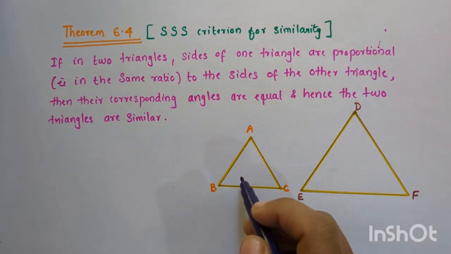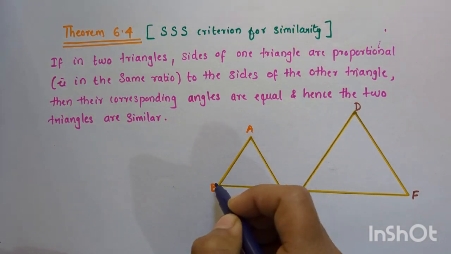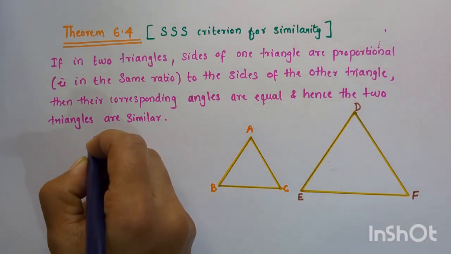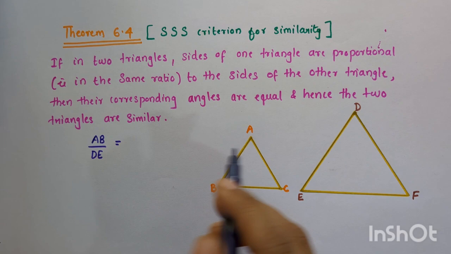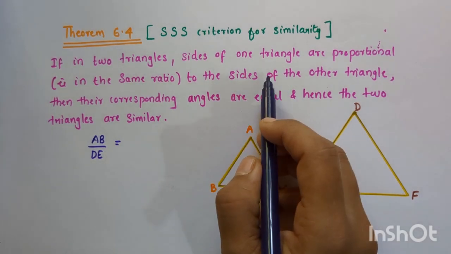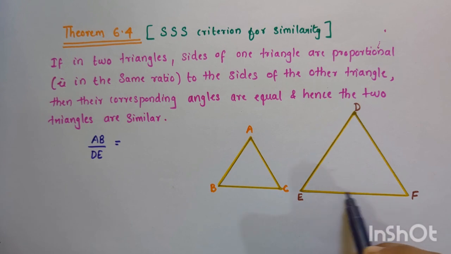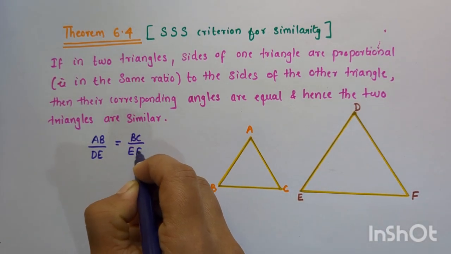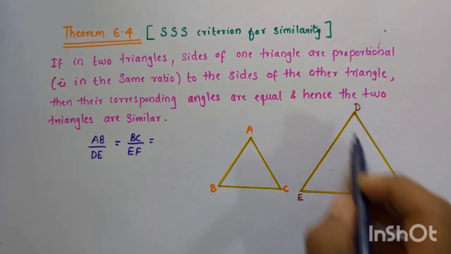So, corresponding sides means for this triangle AB, corresponding to that, here we have DE. So, their ratio AB by DE is equal to, corresponding to BC, here we have EF. So, their ratio BC by EF, and that will be equal to, corresponding to this side AC, here we have DF.